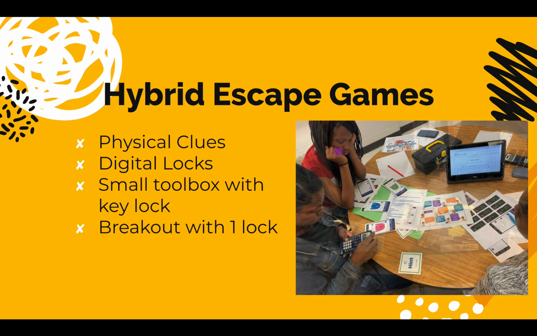So kind of simulating what I would do if I had multiple Breakout EDU boxes. And again, I only have to have one lock on the big breakout box, and I usually try to use an easier lock, which is the 3 or 4 digit lock. So this is what I do when I want to use paper, but I want the locks to be easy.